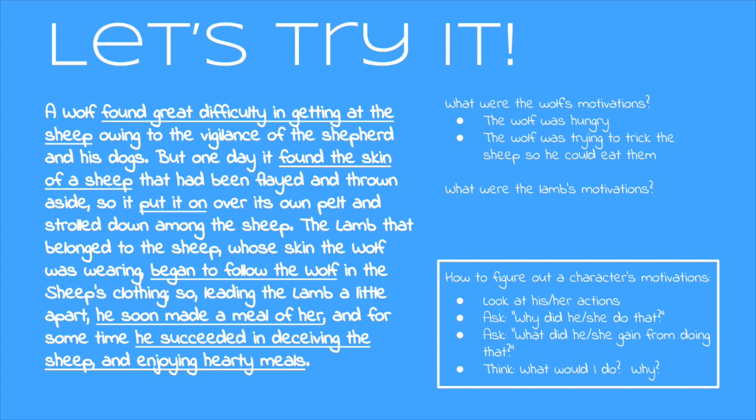So it was probably the lamb's mom whose clothing the wolf was wearing. So the lamb was probably just trying to stay with its mom. That's what motivated it to follow the wolf. Now that we understand what was motivating the characters, we definitely understand the characters and the story a whole lot better.